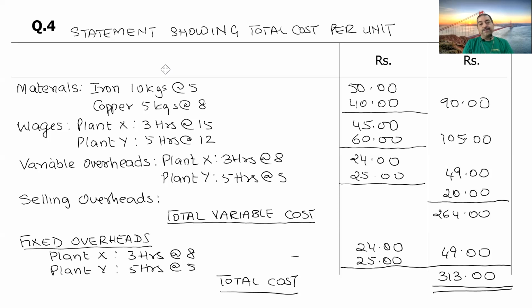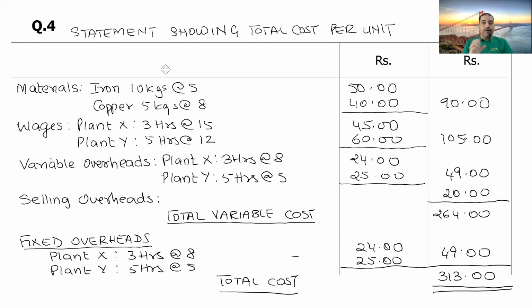Second part of the question. After the alloy is well established in the market, what should be the minimum selling price and why? So that means now your product has been sold, you have captured the market. Now it is time for you to slowly increase the price to more than 264. So what should be your next objective? To recover your fixed cost.